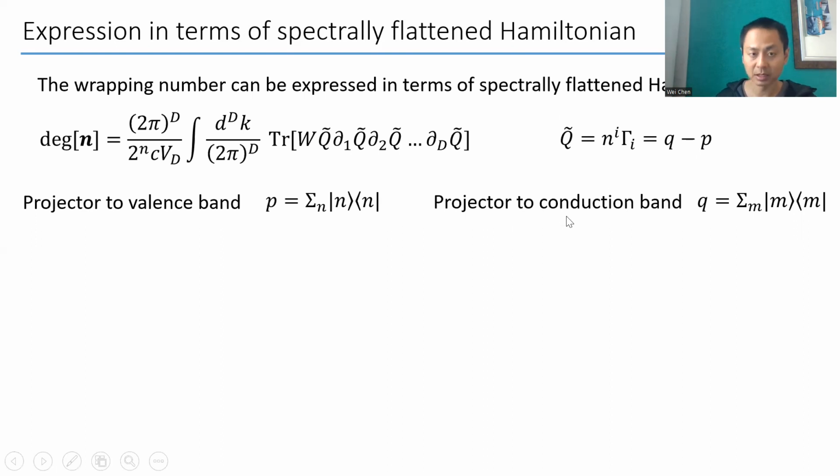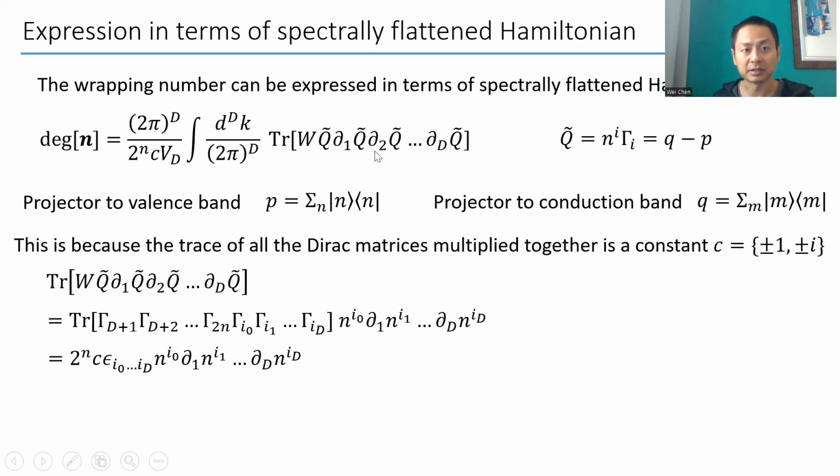Now, the reason that this is true is because if you take a trace of this, where W is all the unused Dirac matrices, the idea is that in each dimension and symmetry class, it depends on the situation. You may use all the Dirac matrices in your Hamiltonian, or you may only use some of them.